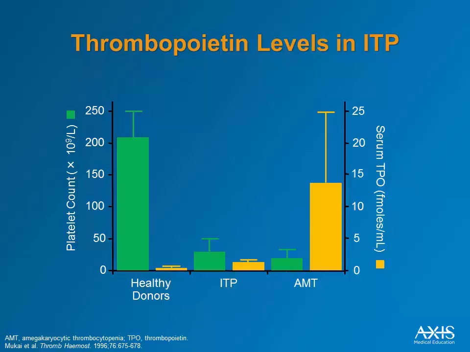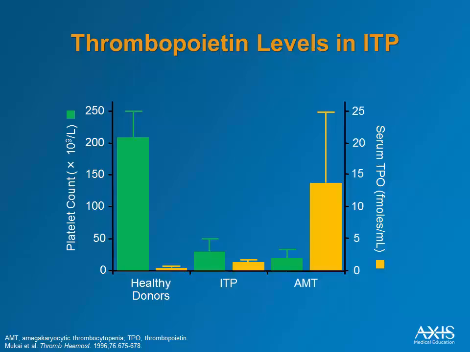In contrast, amegakaryocytic thrombocytopenias, where there's no megakaryocytes in the marrow and no platelets being produced essentially, and no platelet turnover, have very high levels of thrombopoietin and very low levels of platelet counts.